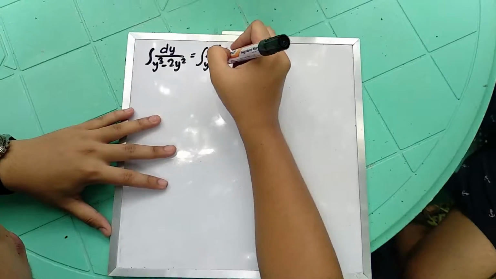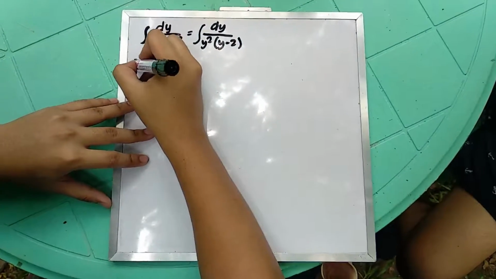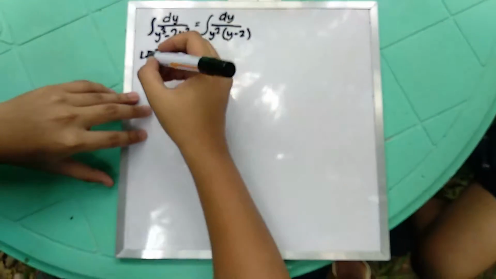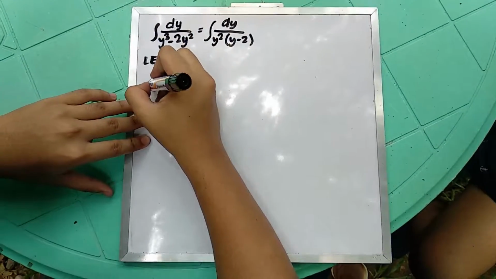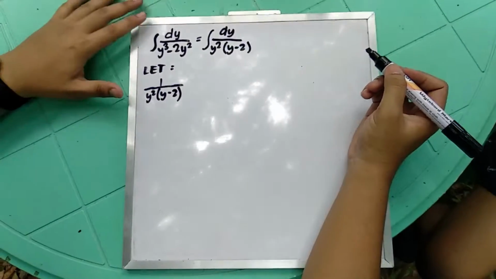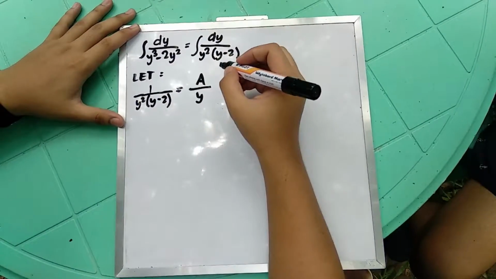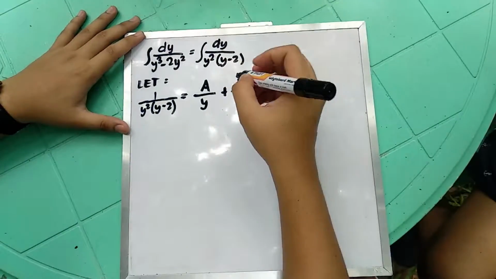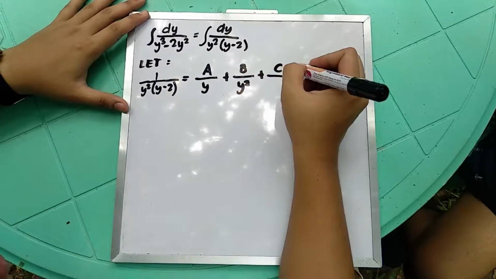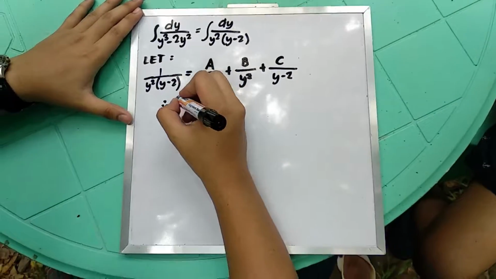The integral of dy over y cubed minus 2y squared can be rewritten in factored form, which is the integral of dy over y squared times (y minus 2). Using the partial fraction decomposition, we get 1 over y squared times (y minus 2) equals A over y plus B over y squared plus C over y minus 2.